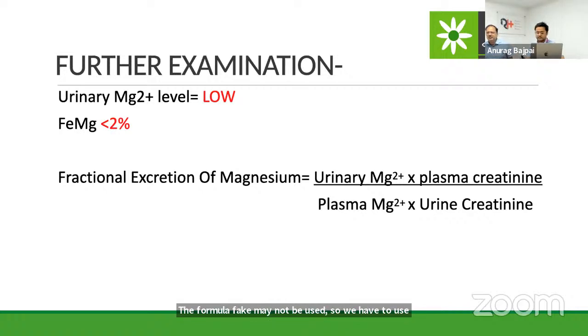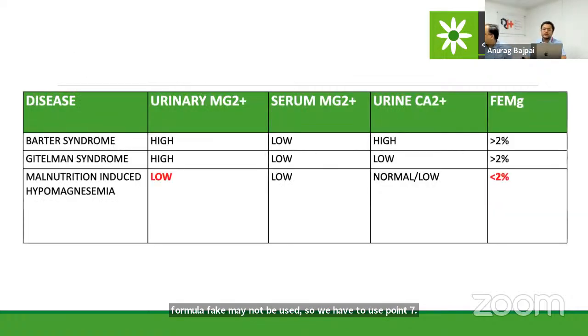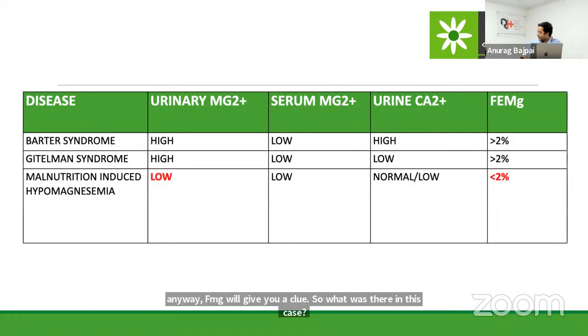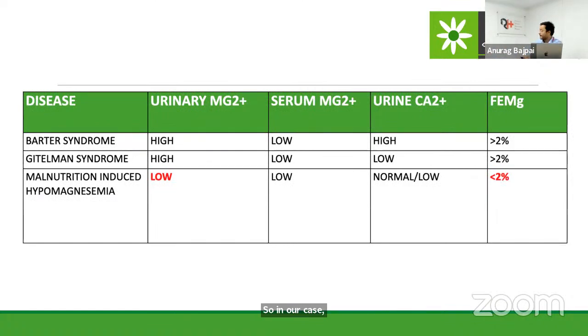So what was there in this case? In our case, serum magnesium was low, urinary magnesium was low, with a fractional excretion of magnesium of less than 2%, fitting malnutrition-induced hypomagnesemia. As you have said, sir, if it is Bartter or Gitelman, the urinary magnesium is usually high with a fractional excretion greater than 2%, and Bartter usually has a longer course and early onset.